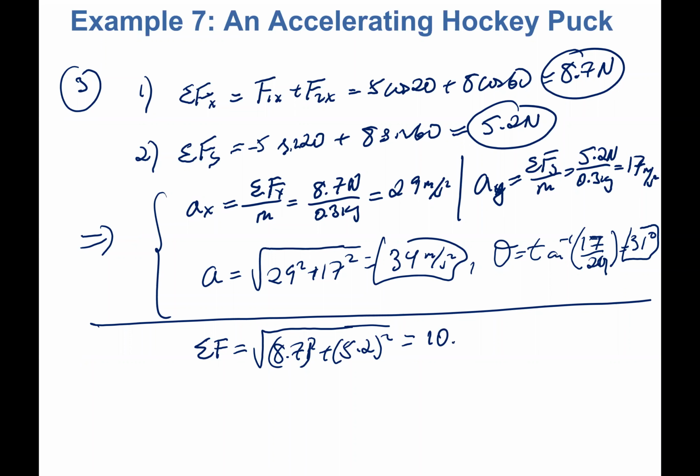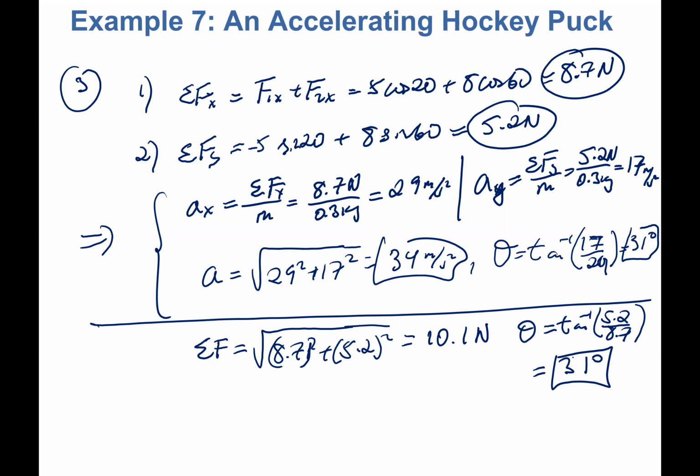I get 10.1 newtons. Then I find the direction, which would be the inverse tangent of 5.2 over 8.7. So let's see what I get. Well, not surprisingly, I'm getting 31 degrees.